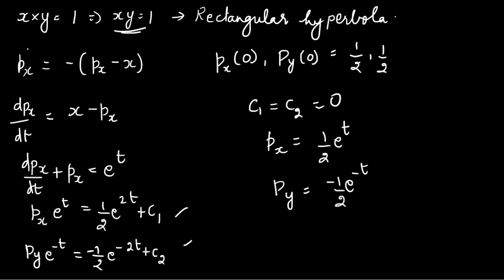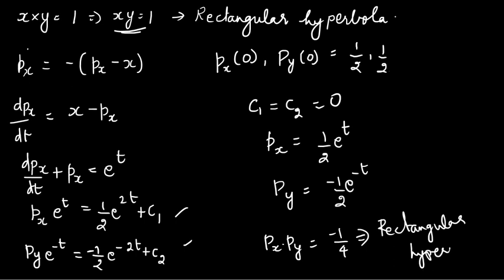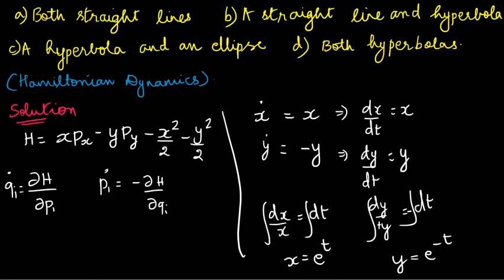So one gets px into py as minus 1 by 4. So this equation is also similar to a rectangular hyperbola. So I hope you get this. So the option is that both the curves traced are hyperbolas.